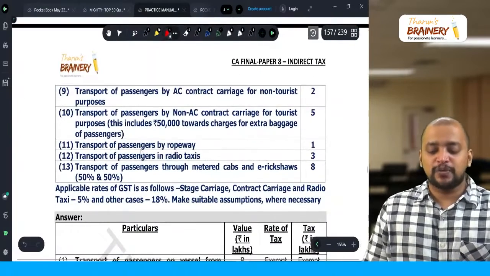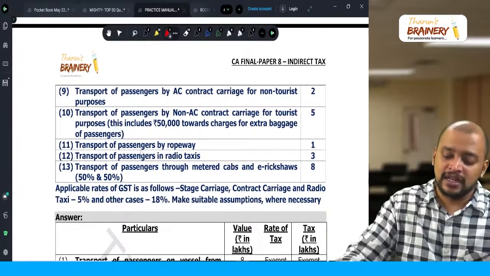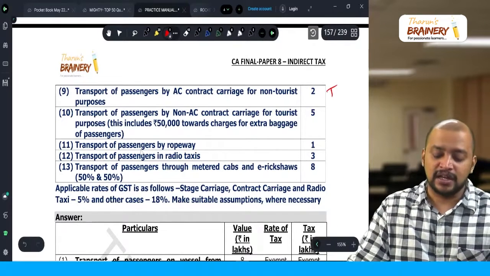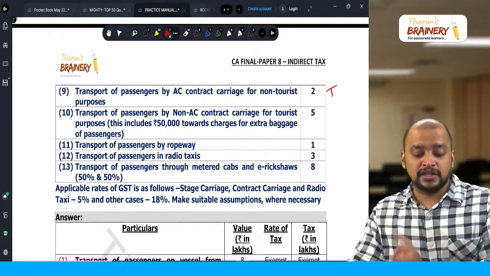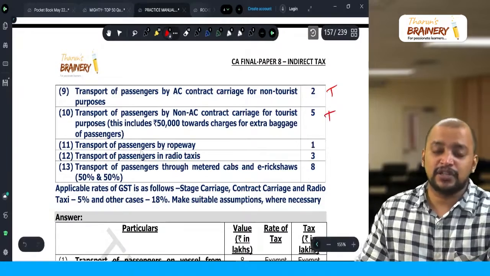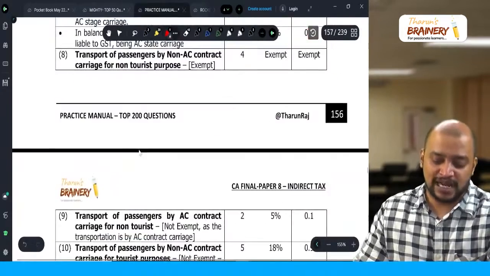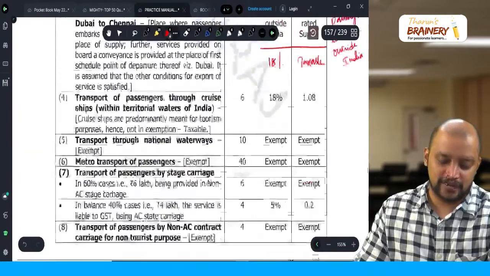Then transportation of passengers by AC contract carriage, don't say anything, it will always be taxable. Then transportation of passengers by non-AC contract carriage for tourism purpose will also be taxable. Even though it is non-AC, it will be taxable, because it is for tourism purpose.